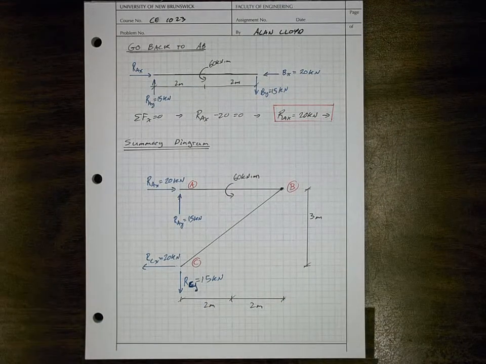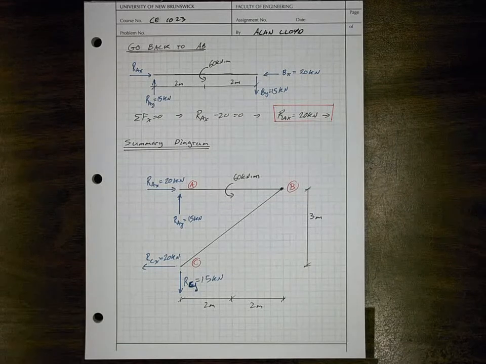We found the reactions at A and C, and we did that by taking the section cut at joint B, placing both sides of the section cut in equilibrium, so member AB and member BC, and solving for the unknowns that we could on either side, and then going back and forth between these two members and updating them as we went.